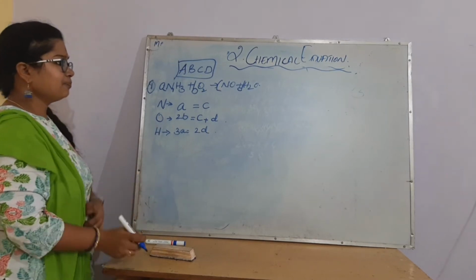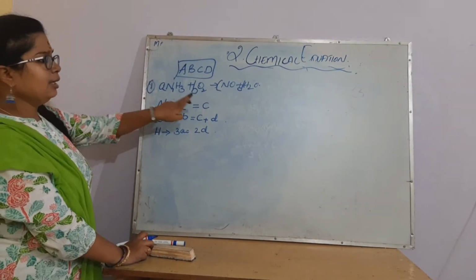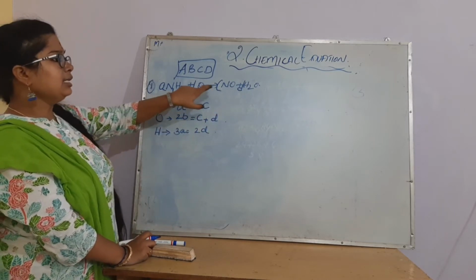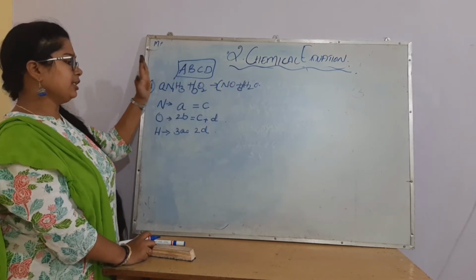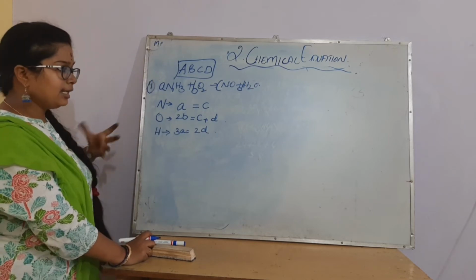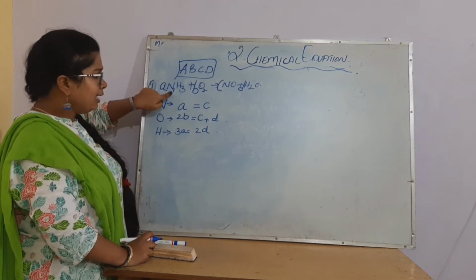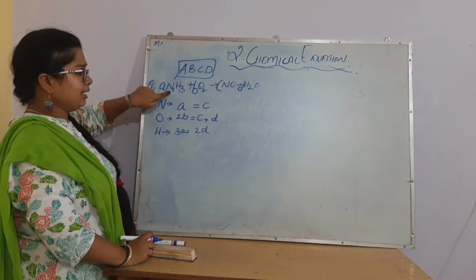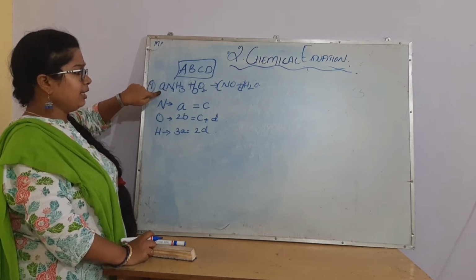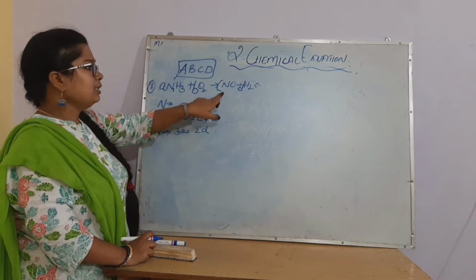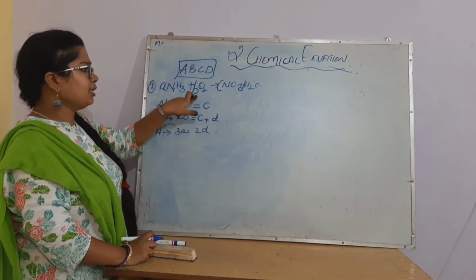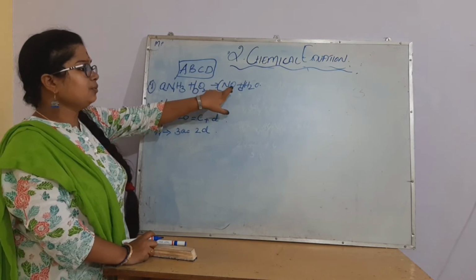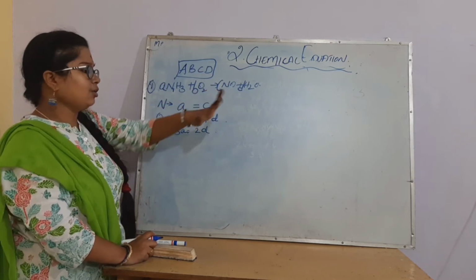Understood, I hope. First you need to write A, B, C, D before each and every element. Next, 1 into A. Regarding N we are writing N: 1 into A equals 1 into C. B is not there. Then D is not there.